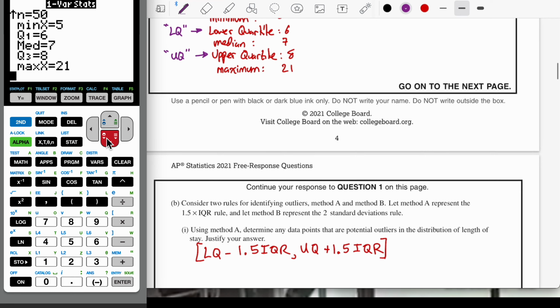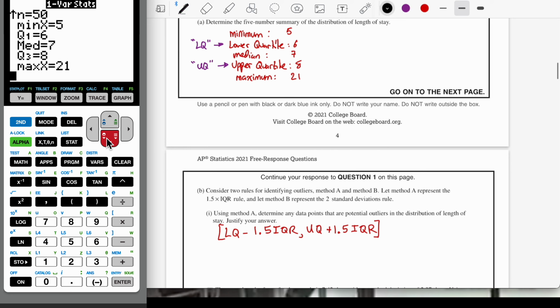Also, I need those numbers anyway. So we're looking at 6 minus 1.5 times the IQR. The IQR is the upper quartile minus the lower quartile. So 8 minus 6 is equal to 2.